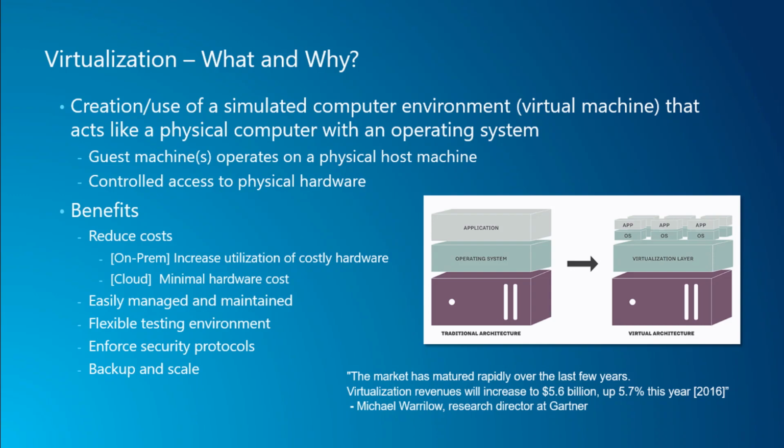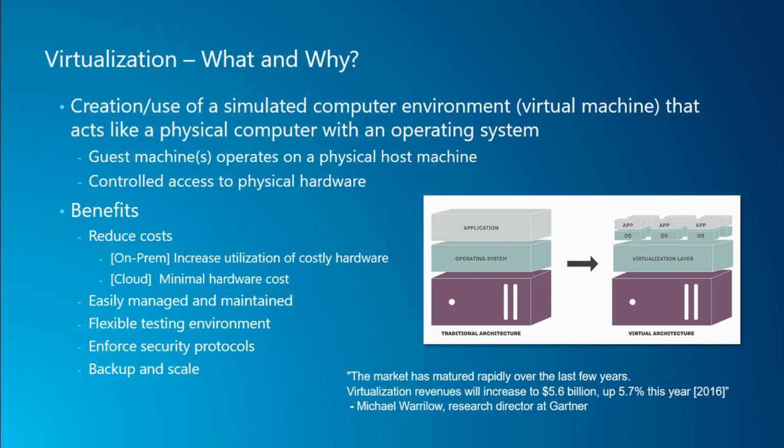It's also nice to be able to enforce security protocols. If you want to manage and maintain different licensing or different communication protocols within your enterprise, you want to be able to monitor that easily to know what's available and when. Being able to monitor that within a virtual architecture is critical, and it's easily done.